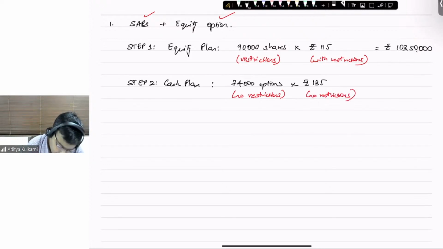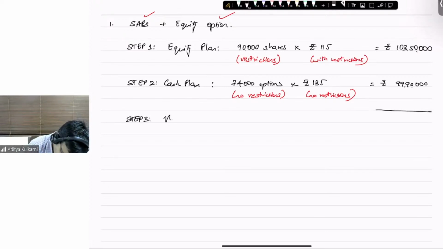So therefore 74,000 into 135, 99 lakhs 90,000. So your option is basically an equity plan worth 103 lakh 50,000 or a pure cash plan of 99 lakh 90,000.